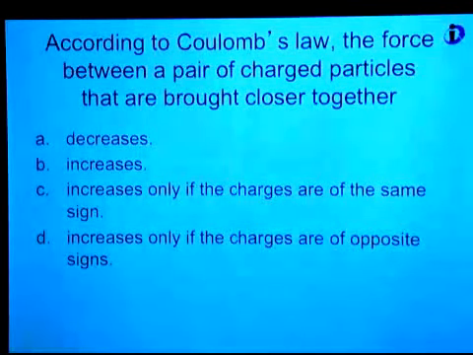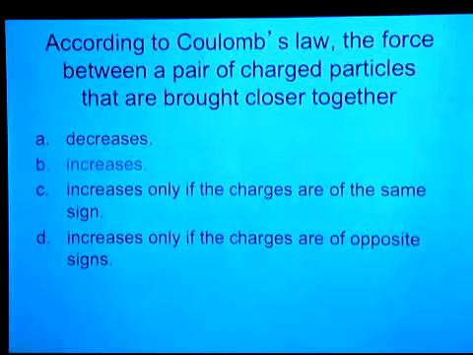With Coulomb's Law, we have opposite charges and same charges, so they can attract or repel. Either way, something happens if they get closer together. What? 10, 9, 8, 7, 6, 5, 4, 3, 2, 1. Meh. Half of you think it's B, but about a third of you think D.